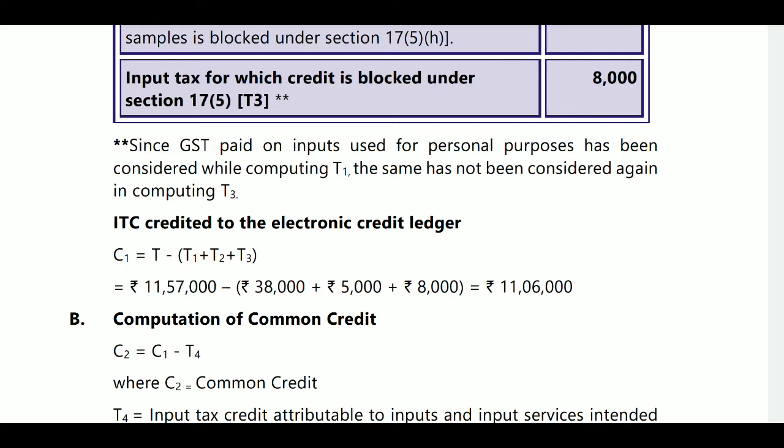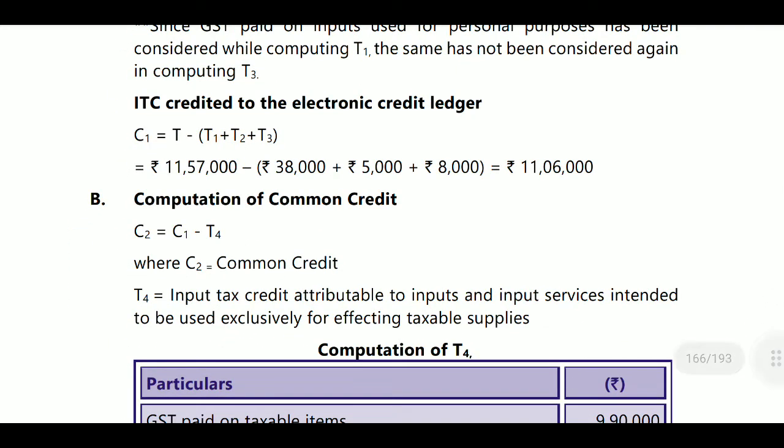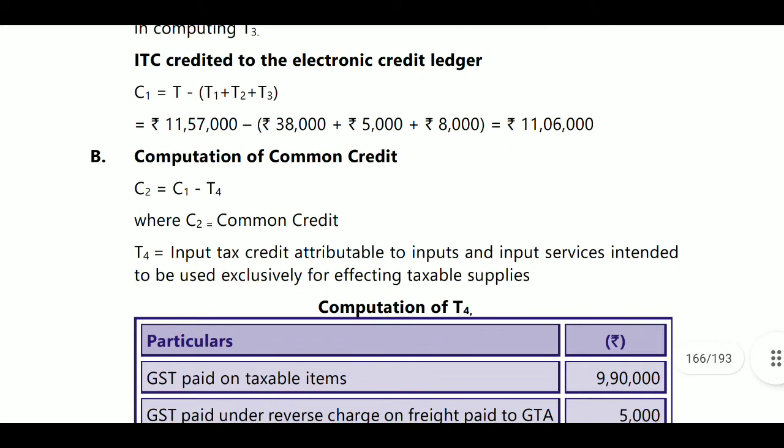Next, computation of common credit. What is this common credit? C2 will be C1 minus T4. C1 we have already calculated, but what is T4? T4 is the input tax credit attributable to inputs and input services intended to be used exclusively for effecting taxable supplies. We calculated above the exempted, non-business and blocked.